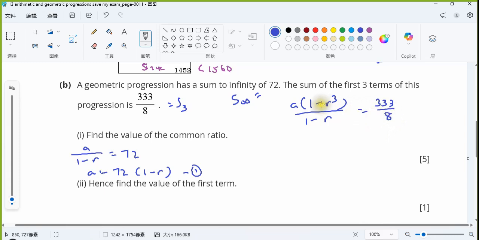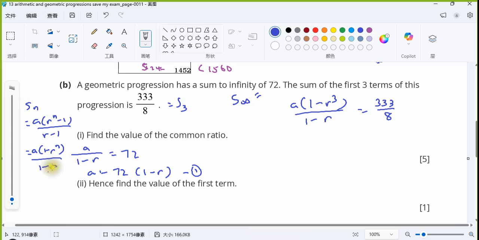Okay. Why do we do it this way? Because for Sn we have two equations. One is a(r^n minus 1) over r minus 1. The other one is a(1 minus r^n) over 1 minus r. So these two are actually equivalent.